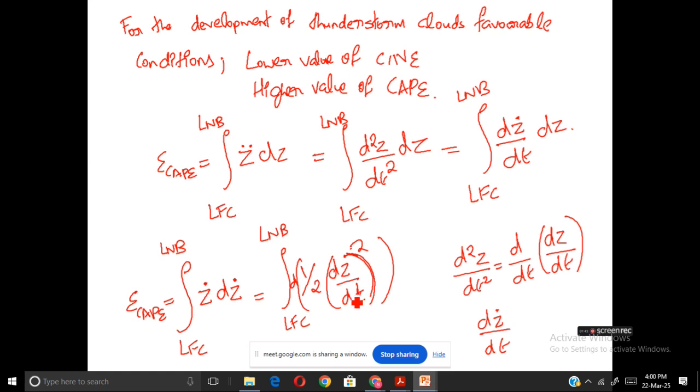So once we take the integral, CAPE is equal to half into dz by dt the whole square.